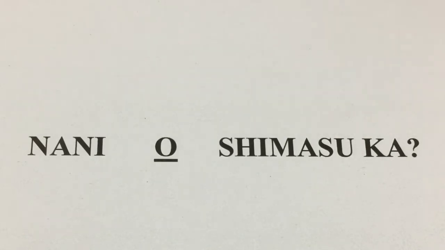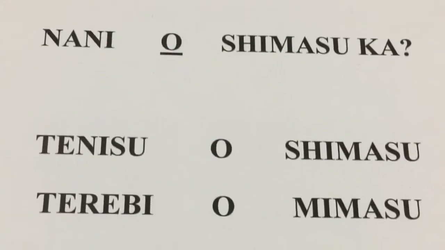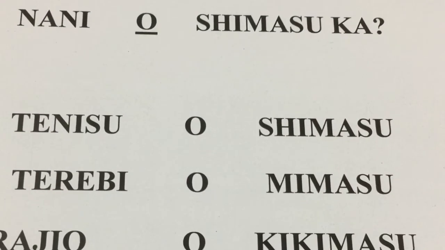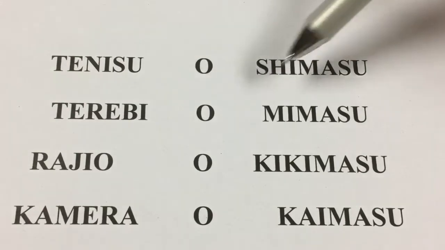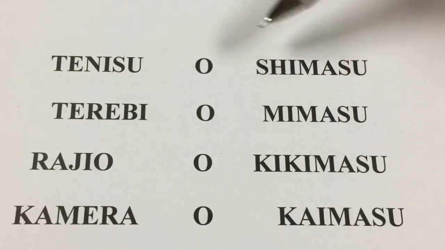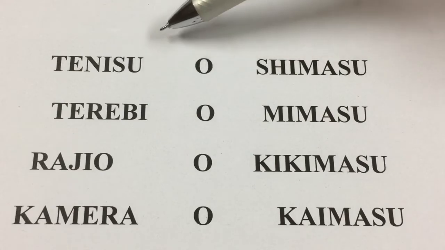So by this question, you can have many kinds of answers. And this chapter suggests all the new verbs. For example, tennis o shimasu means I am playing tennis.